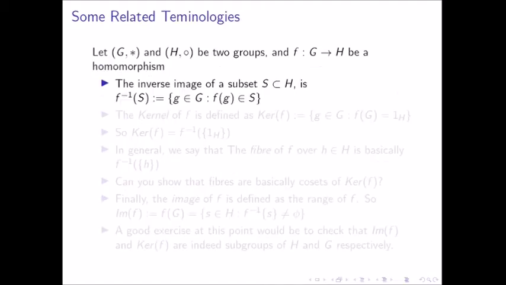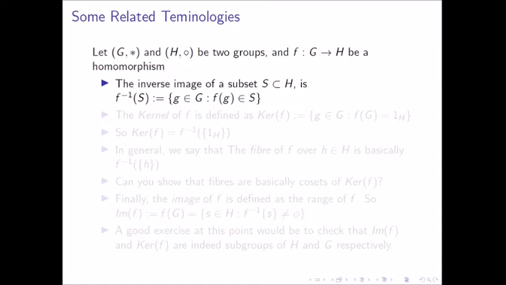Some related terminologies. So now we look at some related terminologies. Let G and H be two groups and f from G to H be a homomorphism. The inverse image of a subset S of H, where H is the group, and S is a subset, not necessarily a subgroup, is f inverse S, which is defined as g belonging to G such that the image of g lies in S, or f of g belongs to S. This is pretty easy to see, and this is basically the set theoretic definition.